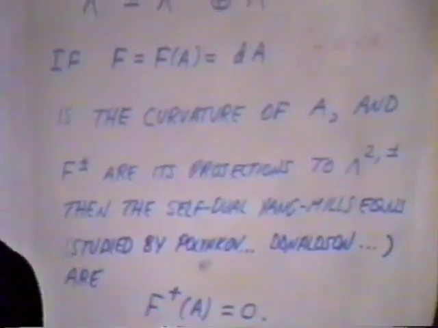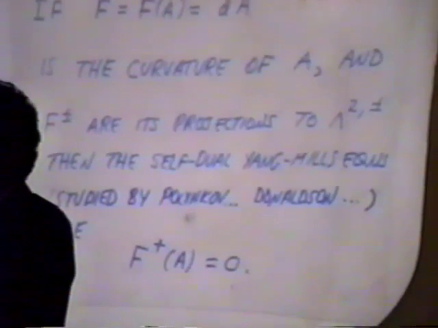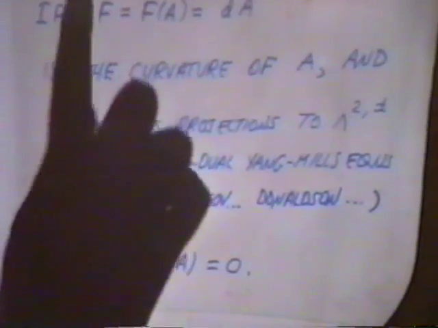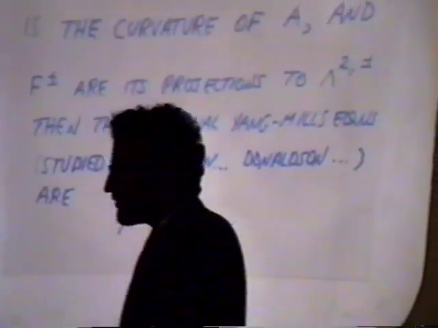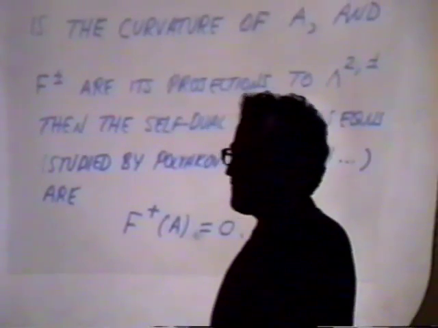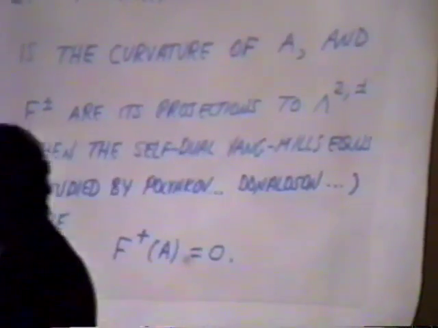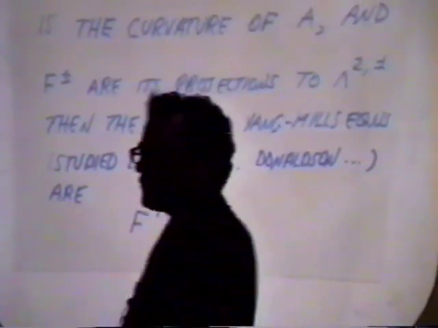In any event, the curvature is now an ordinary 2 form because the group is abelian. In Donaldson theory, the curvature is a Lie algebra valued 2 form. Here the curvature is an ordinary 2 form, which we can project into the 2 eigenspaces. So we let F plus or minus be its projections, and the self-dual Yang-Mills equations, studied originally in physics by Polyakov and his collaborators, and in its mathematical applications by Donaldson and many others, would be the equations F plus equals 0.